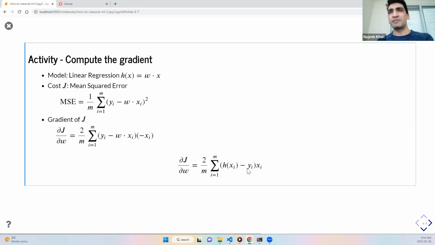So finally, you can move this minus inside here. So you have w x_i minus y_i. And remember, w x_i, or w times x, is the model output in our case, the linear regression. So this is basically the equation for your gradient computation.